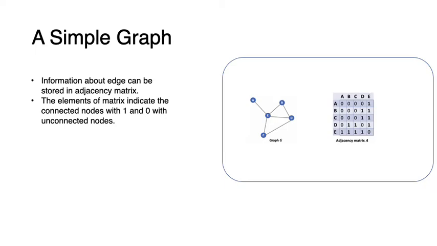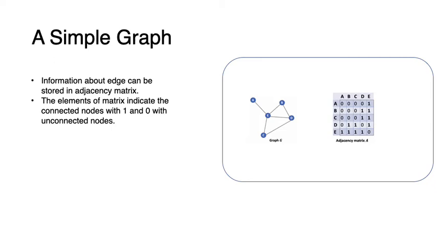We can see here this is the adjacency matrix, and the row and column both represent the nodes. We can see that node A is connected with E, so node A to E is 1.